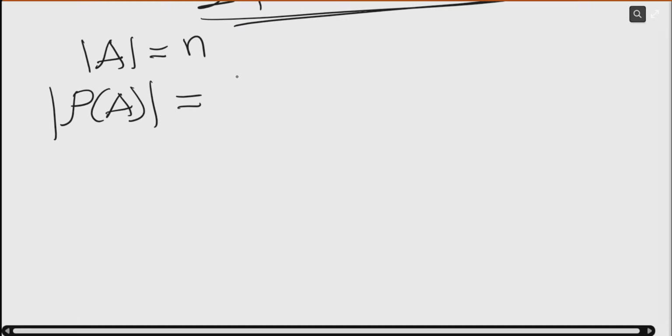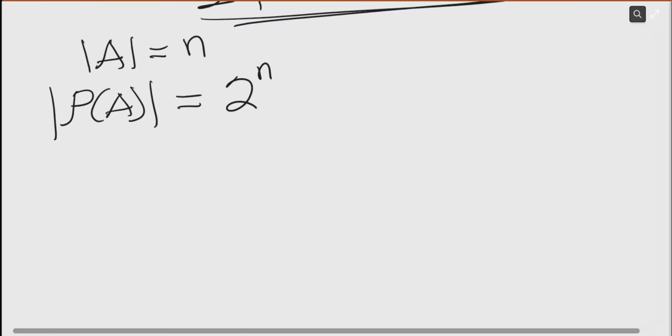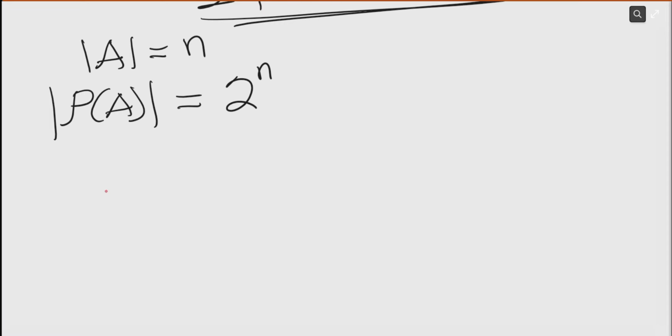Now, in the concept of power sets, we saw that if we have a set A and the order of A is n, the power set of A also has an order 2 to the power n. How about partitions? Well, for partitions, we don't have a well-defined formula to calculate the number of unique partitions we can generate.